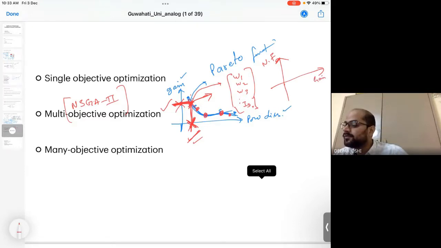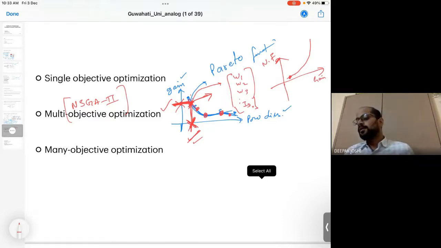If we are trying to minimize the noise figure, we may not be able to get a good gain. That is the contradiction here. Competitive cost functions are associated with low noise amplifier design.